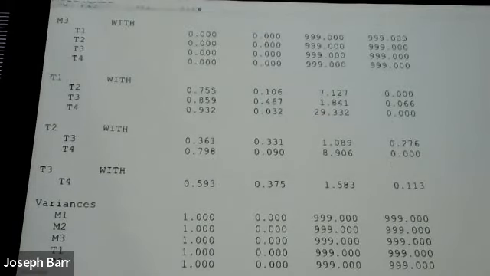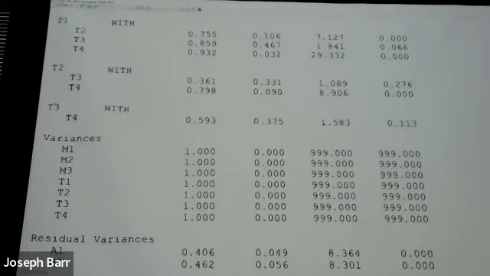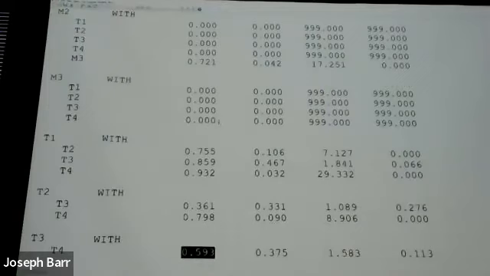T1 with T2, T3, T4, trait 1 with the remaining traits, the correlations are here. And T2 with T3, T4. T3 with T4. You can see that T1 and T4 are quite high.